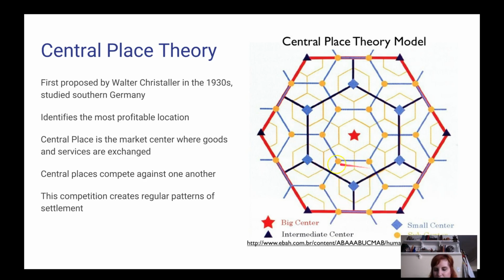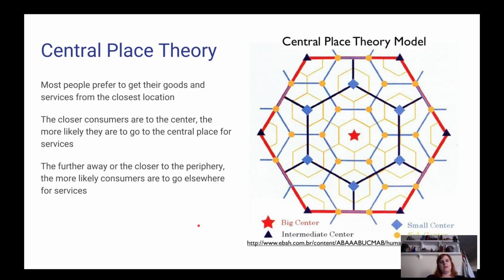People in this town are going to be attracted to this center, and I'll tell you why. Because most people prefer to get their goods from a closer location. And that's especially true if it's kind of ordinary things, right? Where are you going to go to get a Big Mac in Spanish Springs? You're probably going to go to the McDonald's that's close to the school.